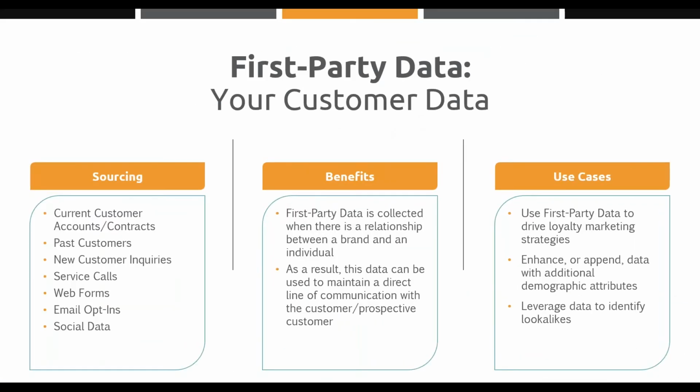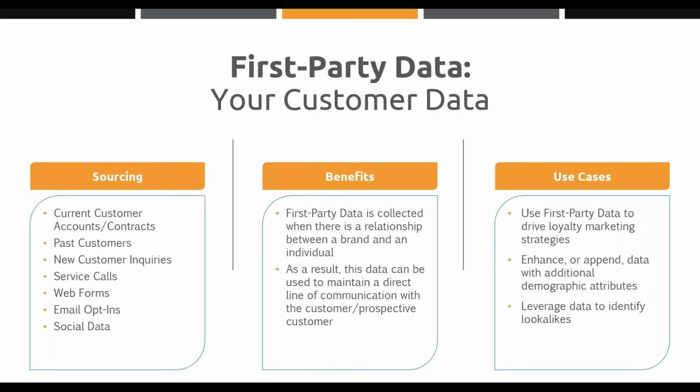So again, first-party data is your customer data. This is going to be data that you've collected from your current customers. Maybe that's through contracts that they've signed or accounts that they've established. This could also be data from your past customers. You may refer to those as attrition accounts, people that used to do business with you but now have moved on.